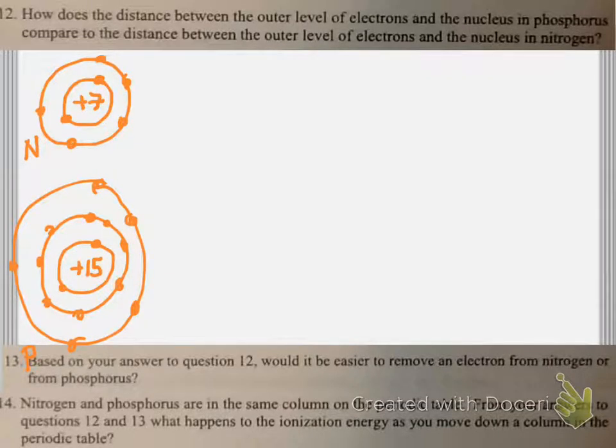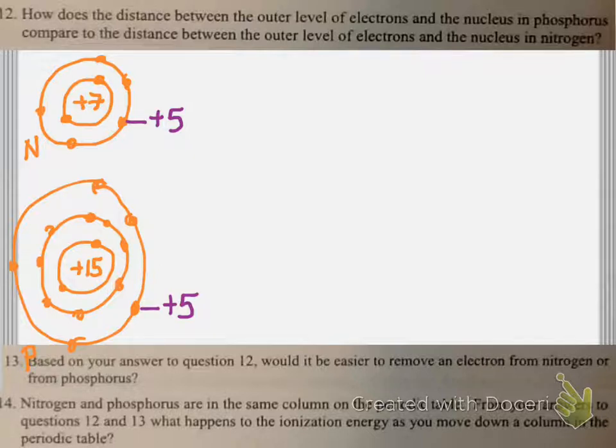Number 12. How does the distance between the outer level of electrons and the nucleus in phosphorus compare to the distance between the outer level of electrons and the nucleus in nitrogen? So again, remember in nitrogen our pull here is +5, and in phosphorus we have a shielding of 10. We also have a pull of +5. So notice that our pull for those outer electrons is the same. The question here is, how does the distance between the outer level of electrons and the nucleus compare?